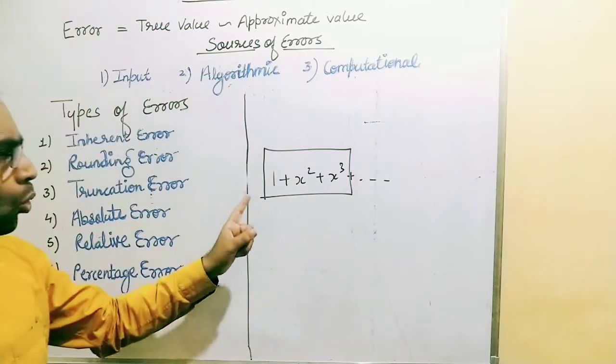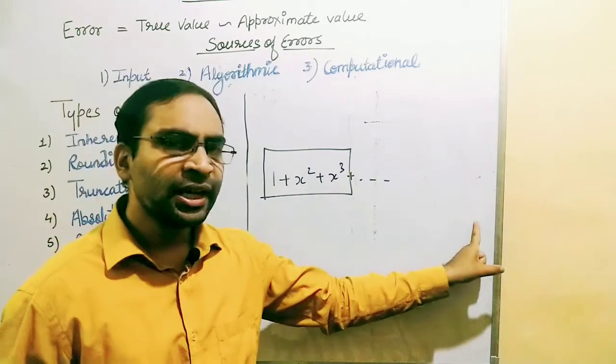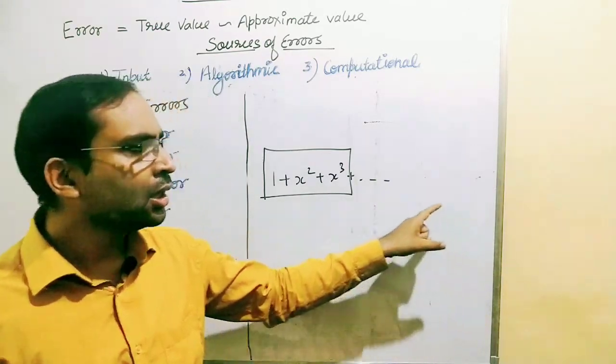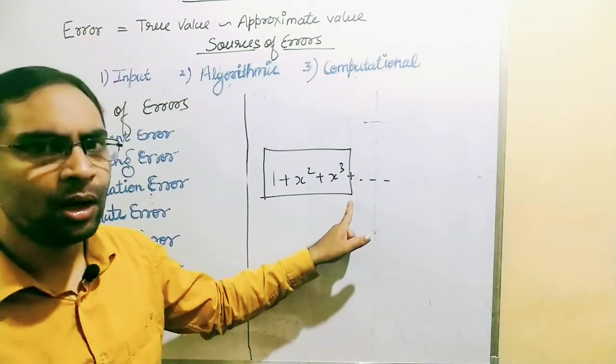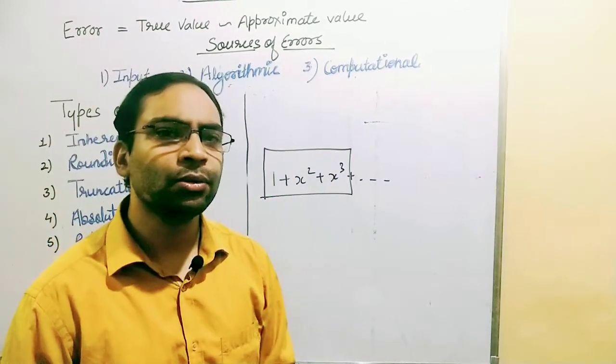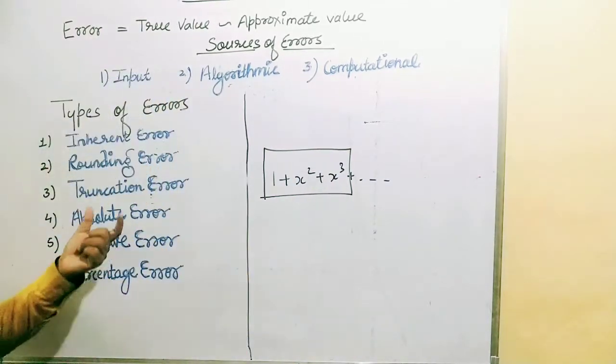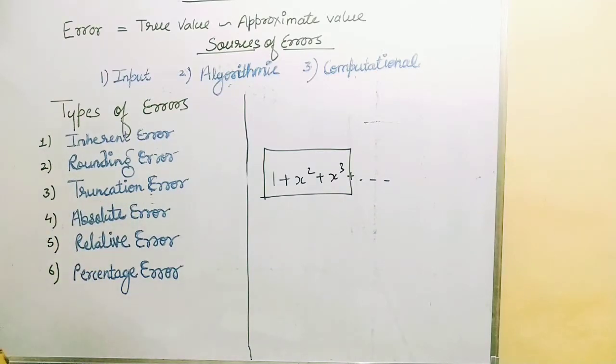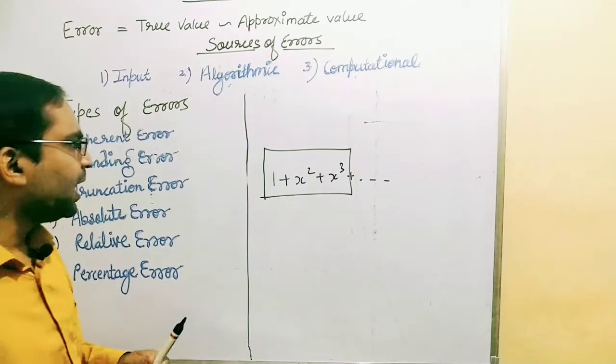So whenever we don't keep all the terms and we truncate this series to some specific number of terms, the error introduced into the computation will be known as the truncation errors. So these are the three top errors.